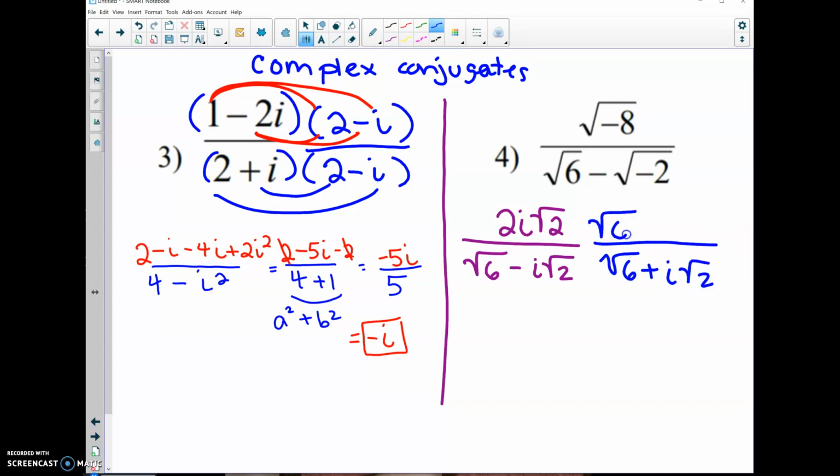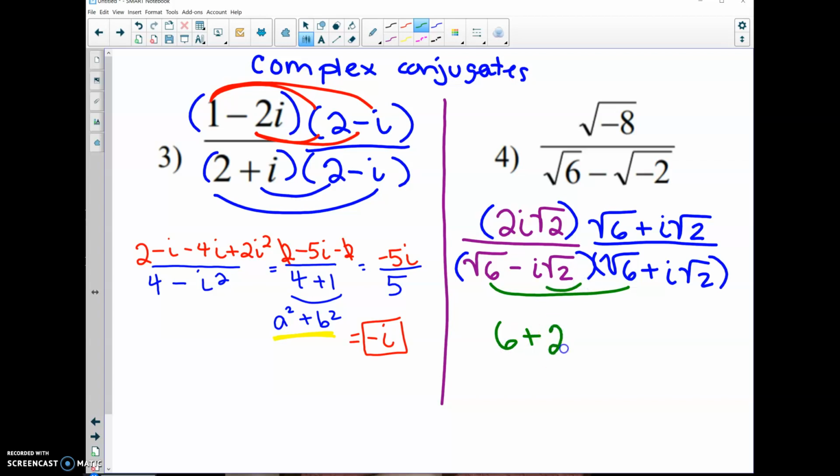What we do to the bottom, we must do to the top. This is all one term here. Our denominator, let's go over here: a squared plus b squared. Our a is the square root of 6. So the square root of 6 squared is just 6 plus our b squared, which is the square root of 2 squared.